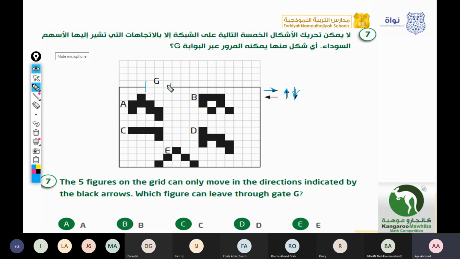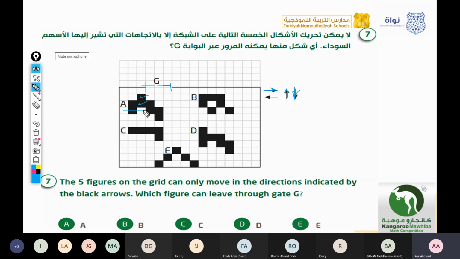Ransi, how many squares do you have on this gate? Just 3. Look, 1, 2, 3. So when I try to pass A, okay, it will pass.